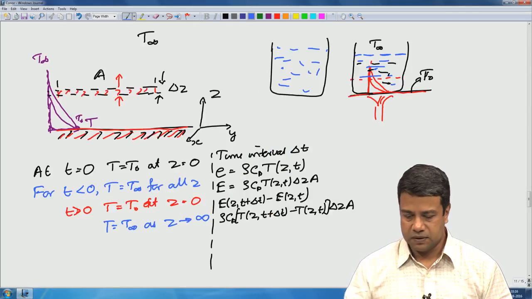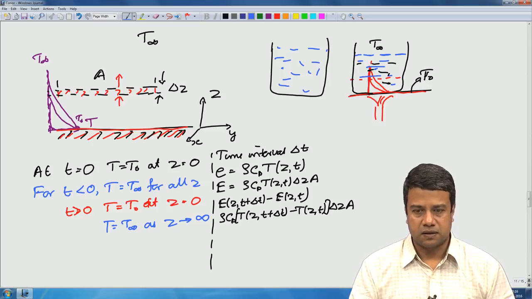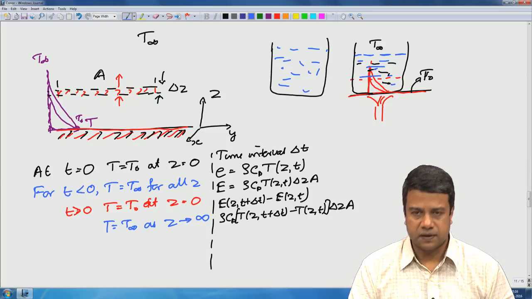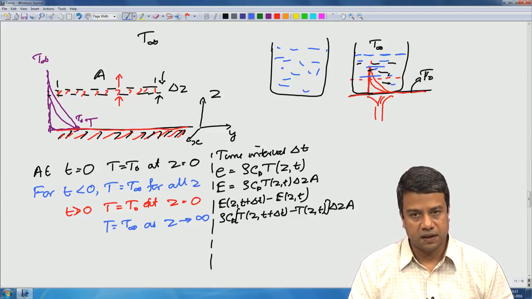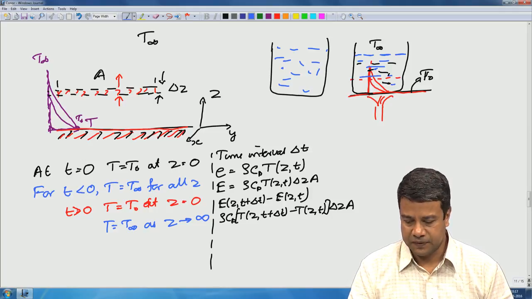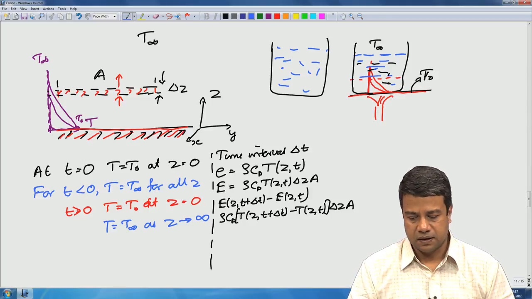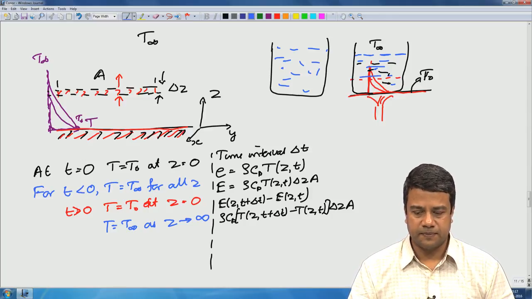and we were looking in the last lecture at how to apply this to a unidirectional transport problem. So, for definiteness, what we had was a surface at z is equal to 0. We use a coordinate system where the x and y directions are along the plane and z is perpendicular to the plane.